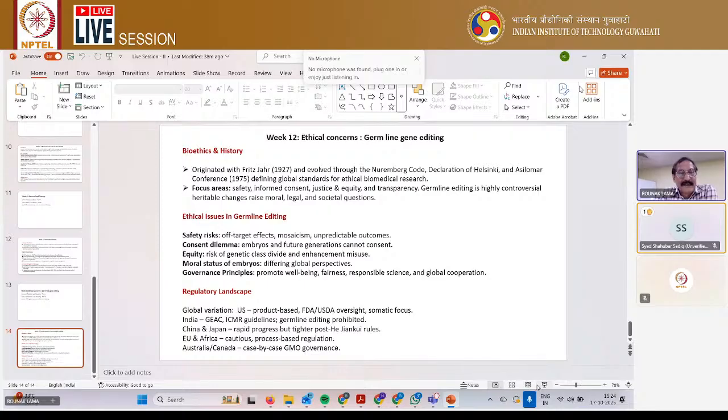Some of the ethical issues in germline editing involve safety risks like off-target effects. In spite of the precision of this technology increasing from ZFN through TALEN to CRISPR-Cas9, and also the ease of doing things, the off-target effects are still an issue of concern.